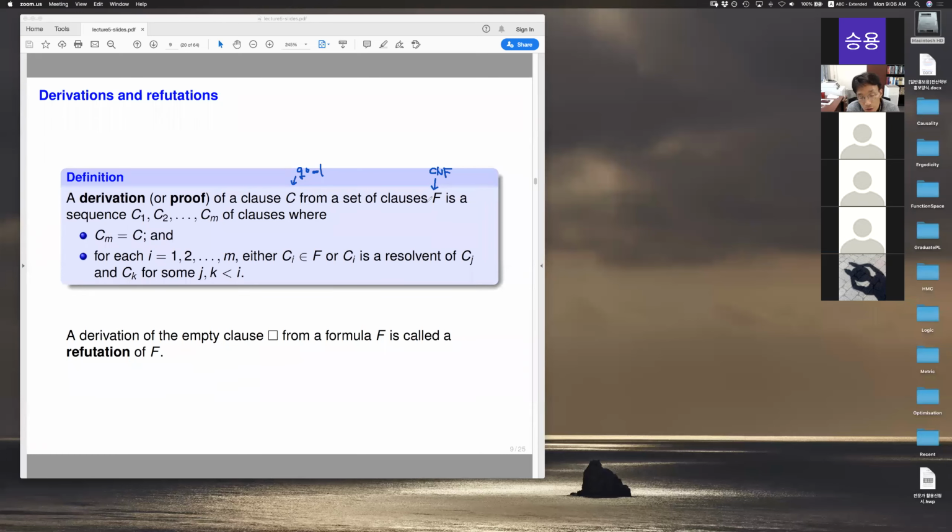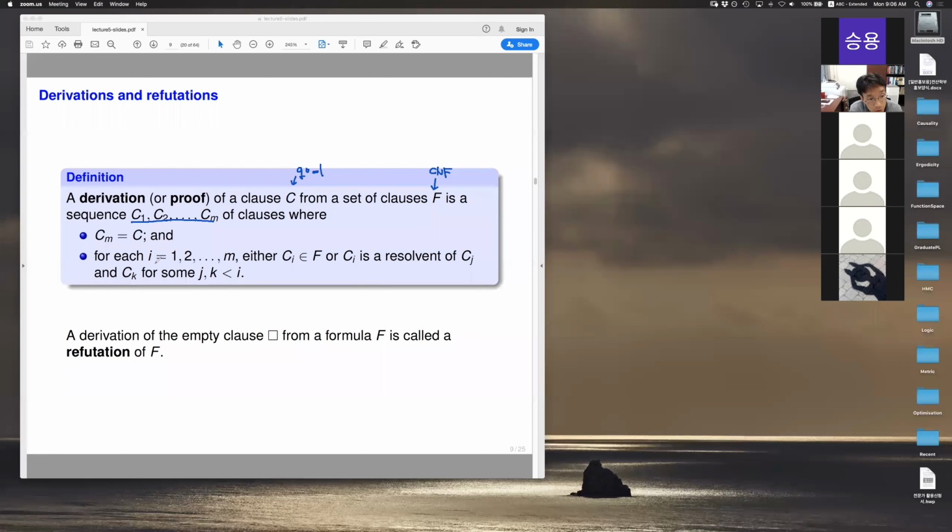Because it's a formal proof system, we have to specify what constitutes a derivation or proof in this system. A proof or derivation is nothing but a sequence of clauses, like C1, C2, and so on, and it has to be a proof of C. The first condition says what you get at the end should be what we want to prove, so the last clause should be the goal. Then each step of the proof should make sense, which is what the second condition says.